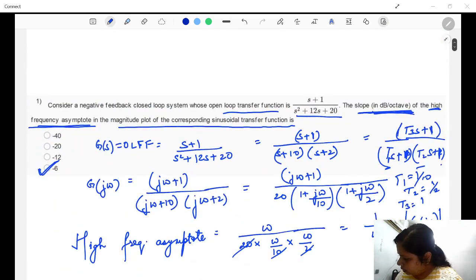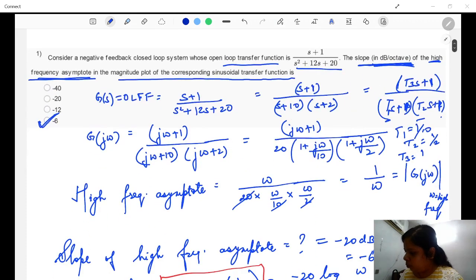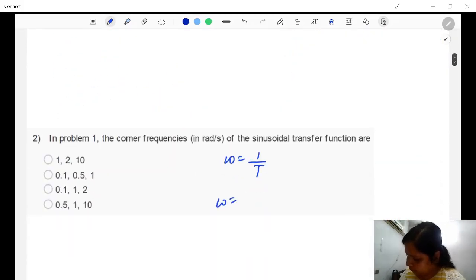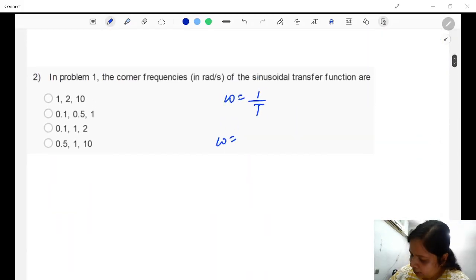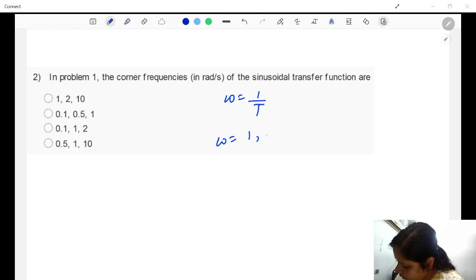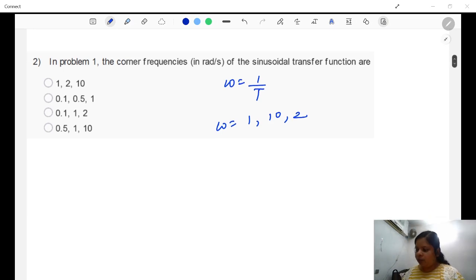It was already in the format of T3s plus 1 and we wanted to bring this in this format. So here it would be like 1 upon T and T would be 1, 10 and 2. Sorry for the mistake. All the corner frequencies are inverse of the time constants that we have. Thank you for clarification.